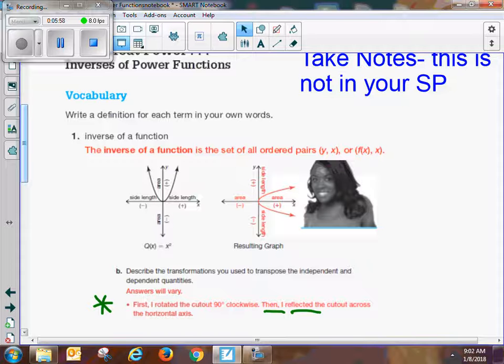Everybody here with me? Now, they say to do the transformation, to check this out, what I'm going to do is I'm going to take my parabola to do its inverse, and I'm going to first rotate it 90 degrees clockwise. So here's the given, and I'm rotating it 90 degrees. Are you still with me?